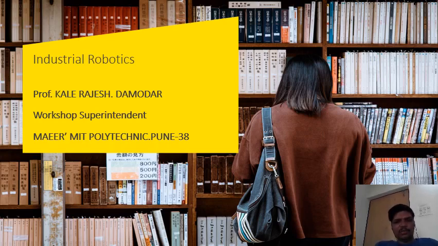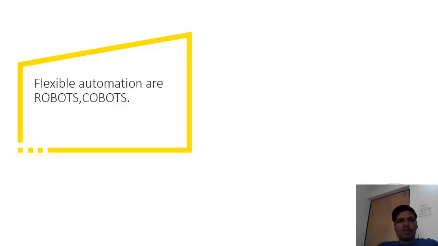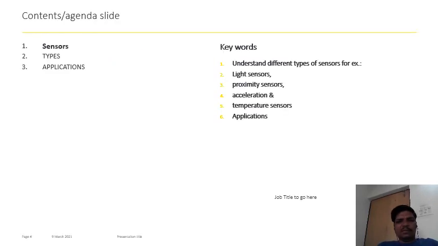Here I am explaining to you the last part of the same topic, and that is dedicated to the keywords. Keywords are light sensors, proximity sensors, acceleration sensors, temperature sensors, and applications of them. So the key takeaways are these.